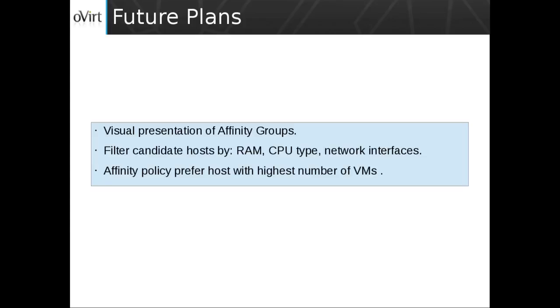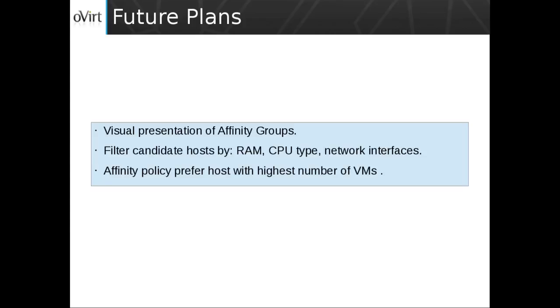Also, right now the scheduler decides where to migrate a VM based on the VM spec, but only for the current VM. For a positive affinity group, we want to filter out hosts in advance that can't run all the VMs in the affinity group.